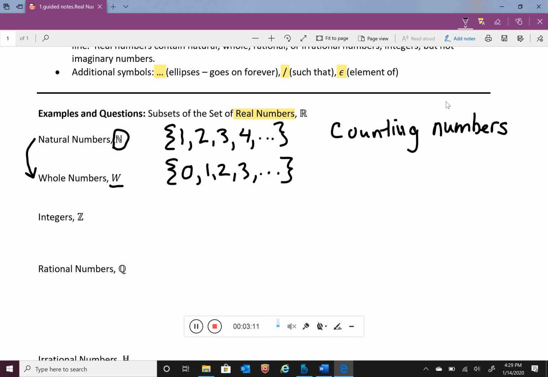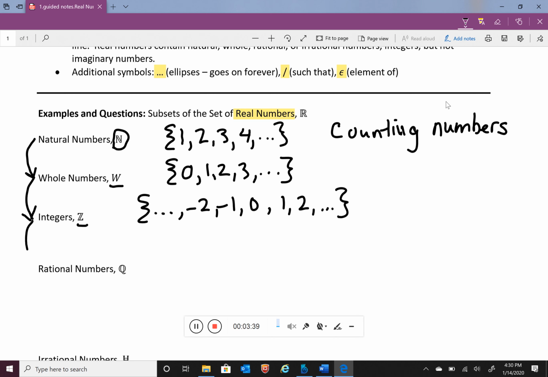Now whole numbers then leads into integers. And integers, which is a Z, are our whole numbers, but also the negative of our whole numbers, such as -2, -1. But then, as I said, it's all of our whole numbers, 0, 1, 2, etc.